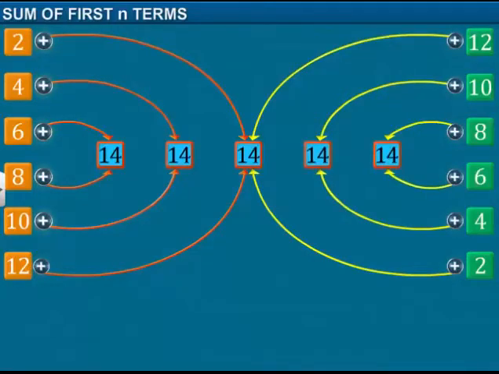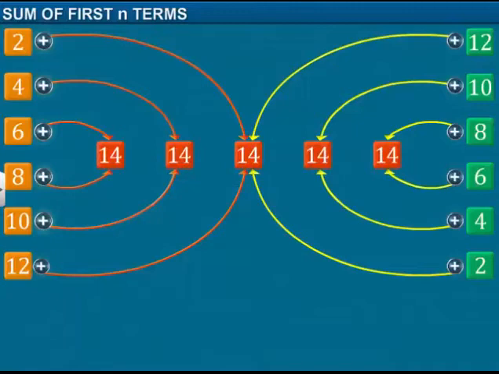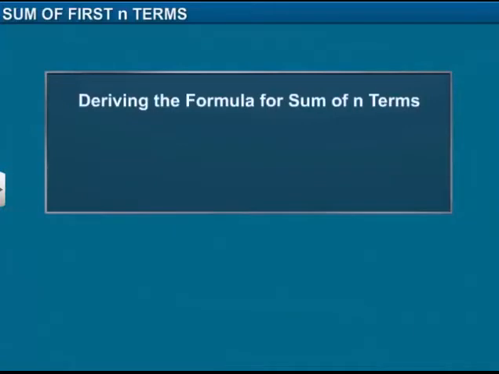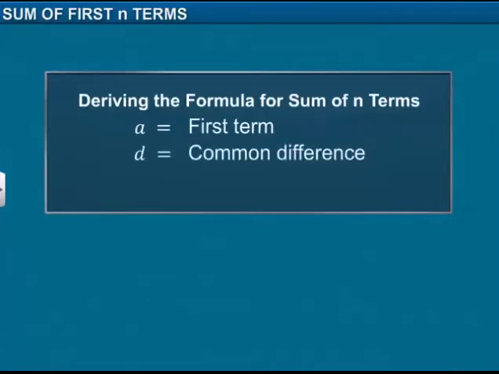Let's consider a standard arithmetic sequence where A equals first term, D equals common difference, and n equals number of terms. The first term is A. The second term will be A plus D, and so on. In this way, you can compute each term till the nth term.